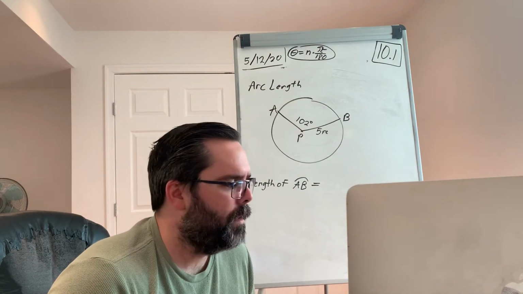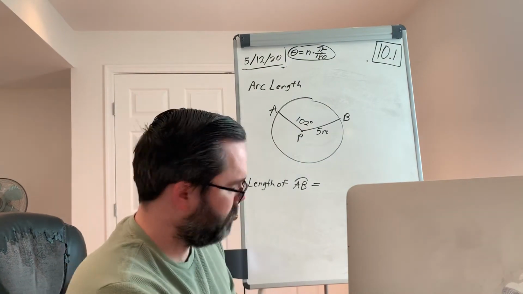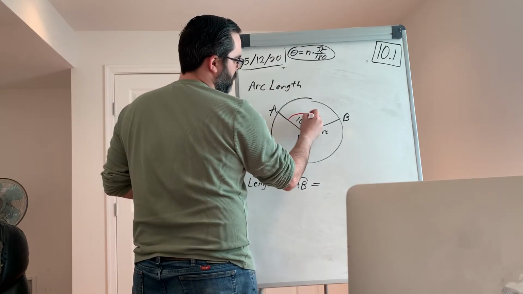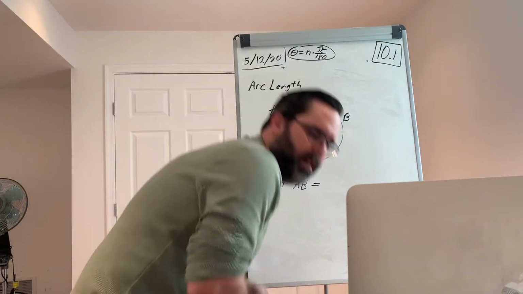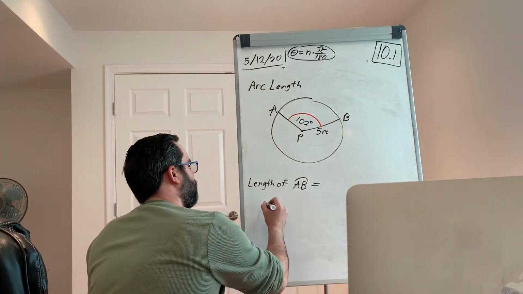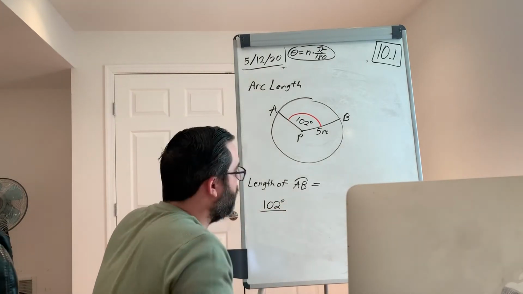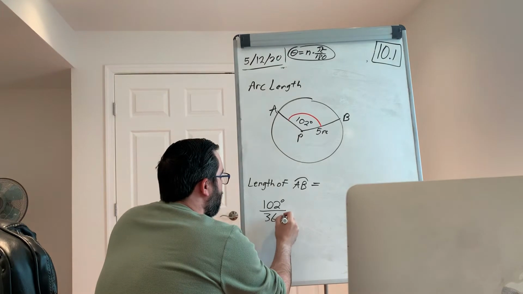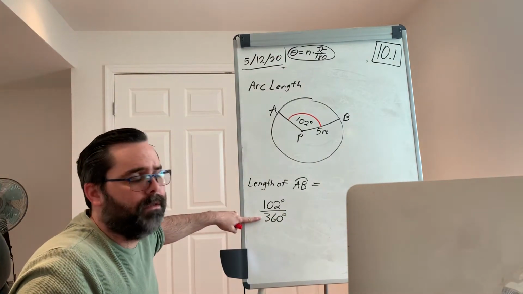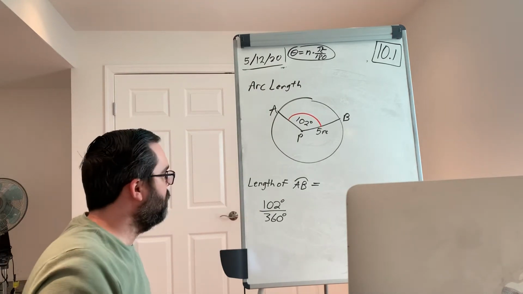Basically, what you're going to do is, we know that this angle here is out of how many degrees? 360. So this is the total degrees of the circle. Part, circle. Part's on the numerator, total's on the denominator.